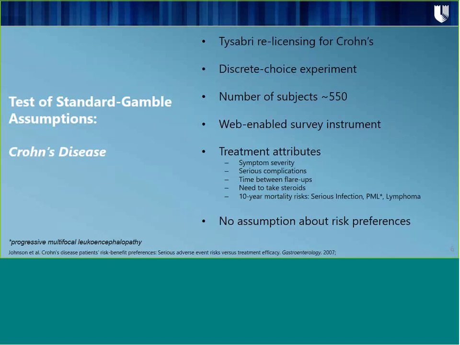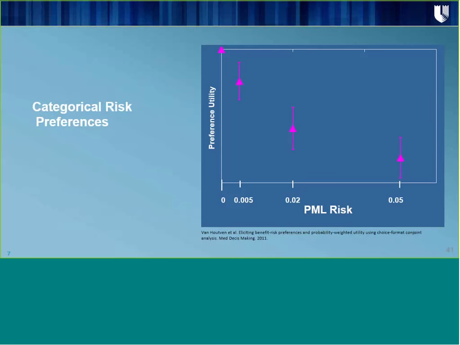So here is a quick test of the standard gamble assumptions. It was applied to Crohn's disease. This was a study that we did as part of a group of studies on Tysabri 8 or 9 years ago now. We elicited preferences between improved outcomes for Crohn's disease and PML risk.